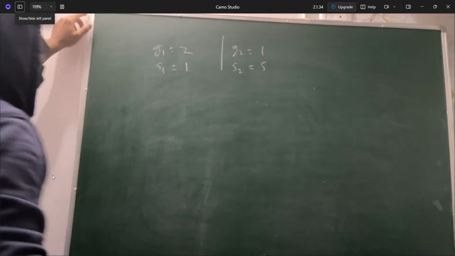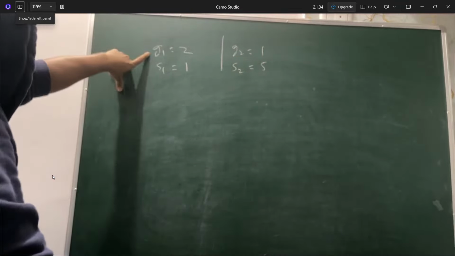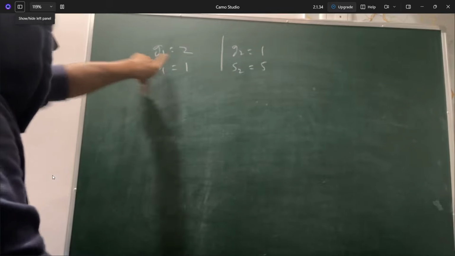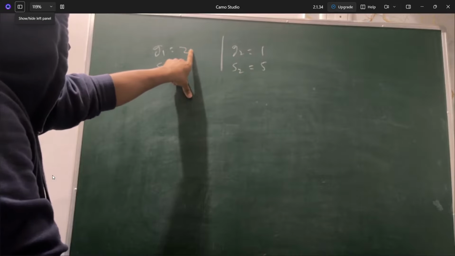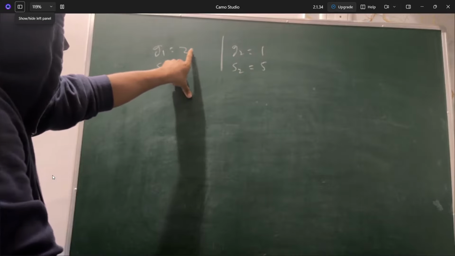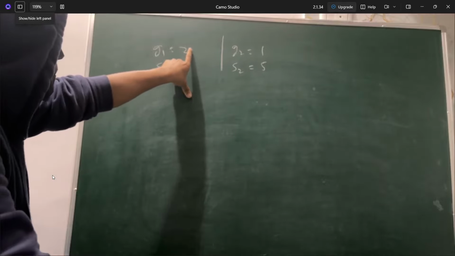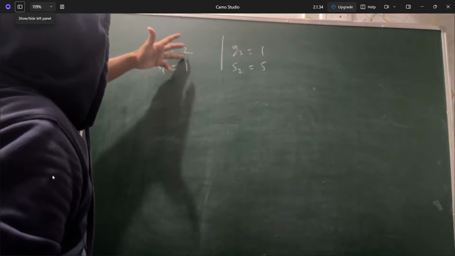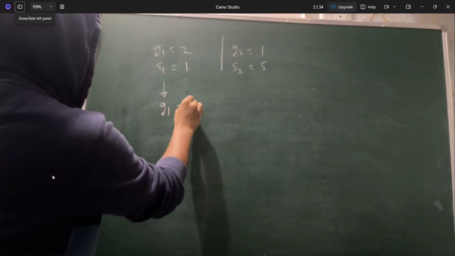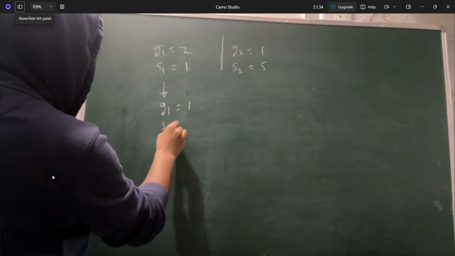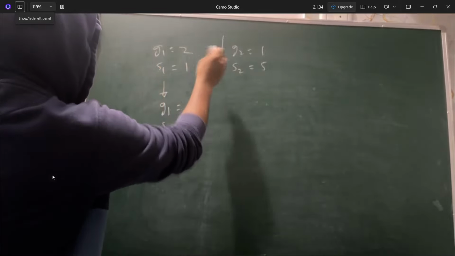Let's understand the second case. Initially he has two gold coins and he wants to achieve one gold coin. So how will he do it? Let's say he makes a transformation. One gold coin he gives and he receives five silver coins. So at the intermediate stage, gold will be 1 and silver will be increased by 5, because he made one transformation.